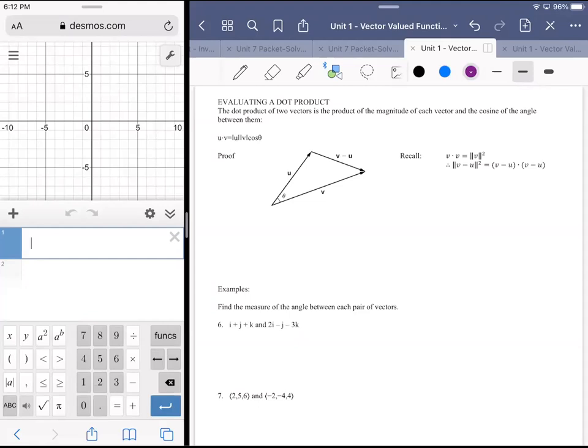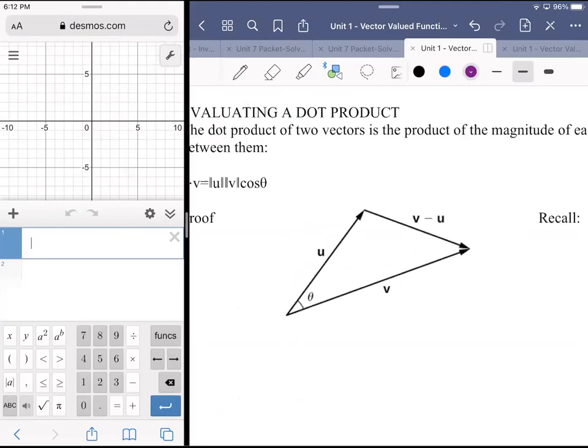So if I can think of v minus u as the same as saying v plus negative u, then what I can do is create a vector negative u, but then just shoot that off in the negative direction, and call that negative u.